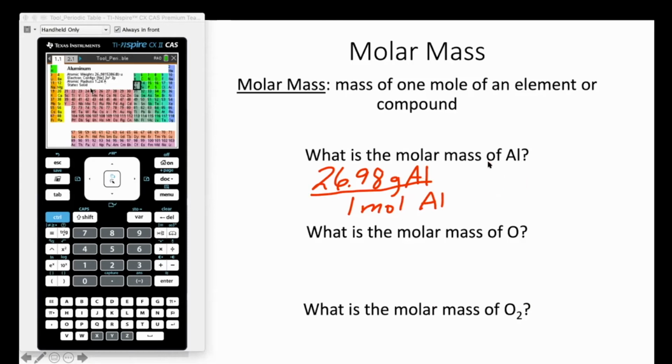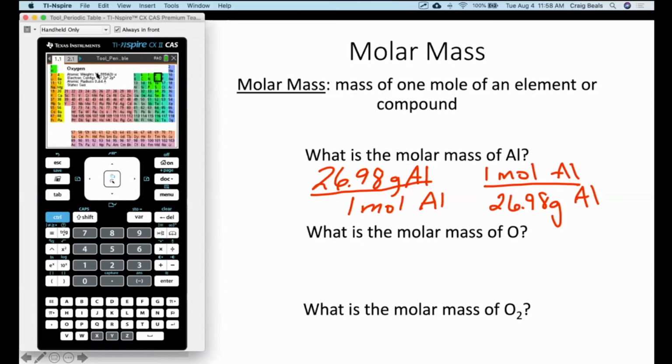The other amazing thing about this is that 1 mole of aluminum is equivalent to 26.98 grams of aluminum. Notice we can flip-flop these conversion factors so that we can use them any way we want. I won't flip-flop them for all of them, but let's go over to oxygen. Here's oxygen. We're going to look at the molar mass of oxygen. I'm sorry, the atomic weight, which translates to the molar mass, and it's 15.99.